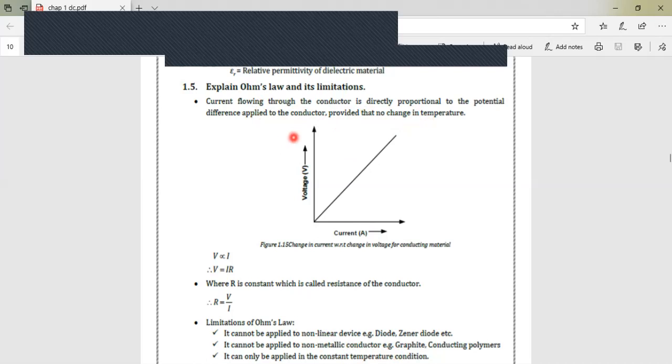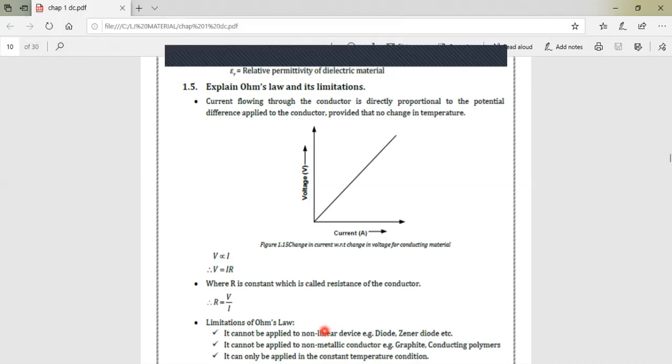So this is Ohm's law, V equals IR, and these three are its limitations: it cannot be applied to non-linear devices like diode, Zener diode, and transistors, it cannot be applied to non-metallic conductors, and it can only be applied in constant temperature conditions.